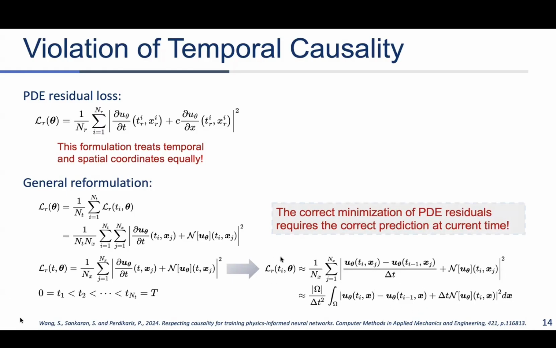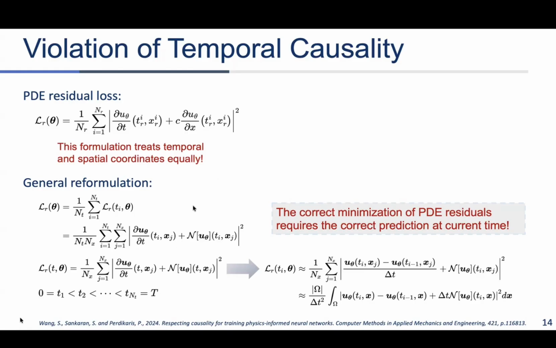Otherwise, even if this loss goes to 0, it could be meaningless. However, if we go back to the original formulation, all the PDE residuals are minimized simultaneously. So the gradients corresponding to the PDE residuals at a later time would affect the solution globally, including the predicted solution at earlier times.